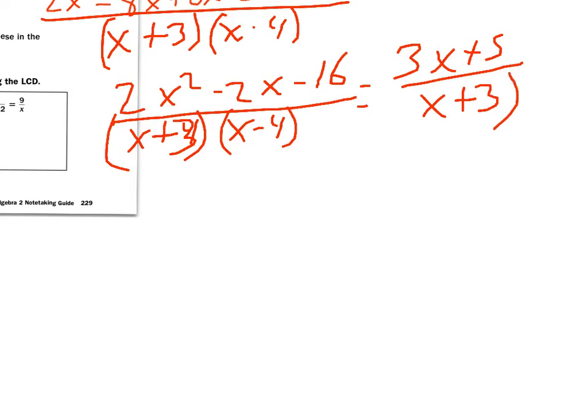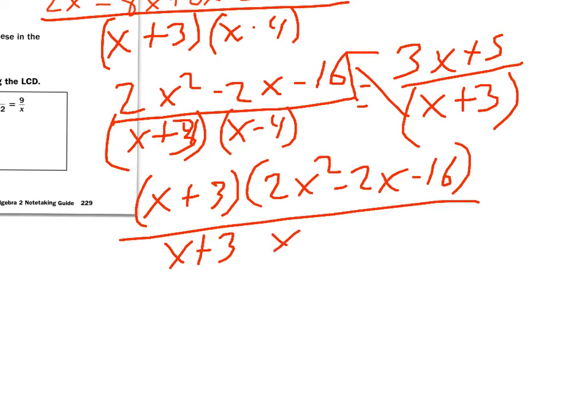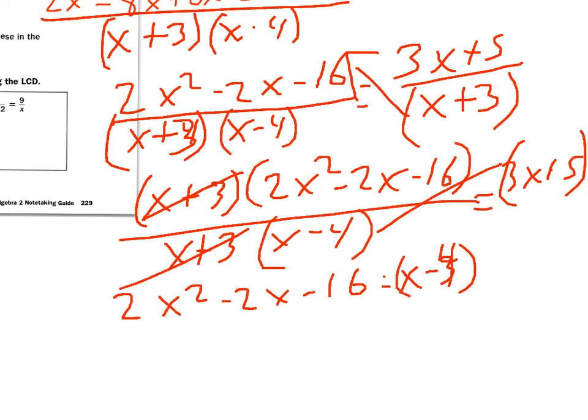So if I just take this and I'm going to multiply it to this side over here, I end up with x plus 3 times 2x squared minus 2x minus 16 over x plus 3, x minus 4, and those x plus 3's eliminate each other, equals 3x plus 5. Now I take this, multiply it here, and I get 2x squared minus 2x minus 16 equals x minus 4 times 3x plus 5.